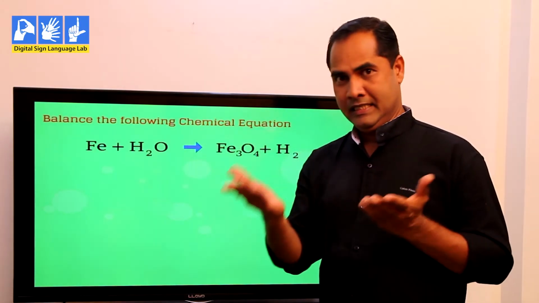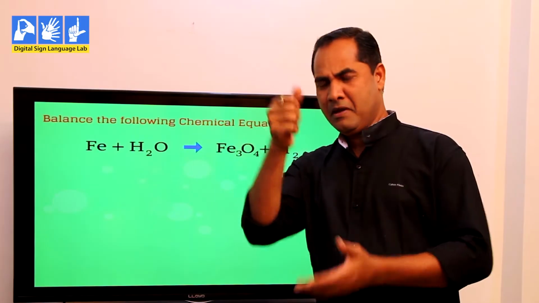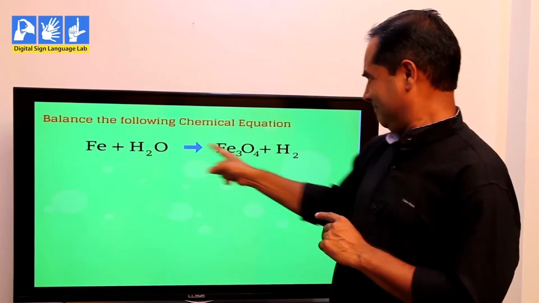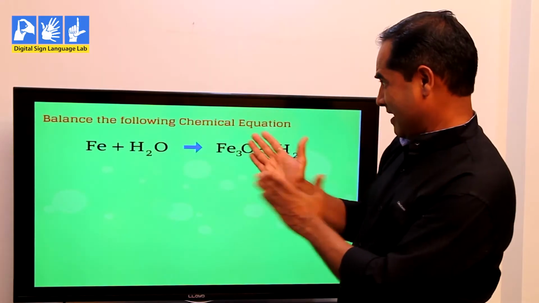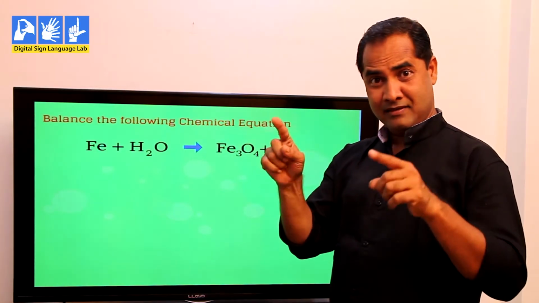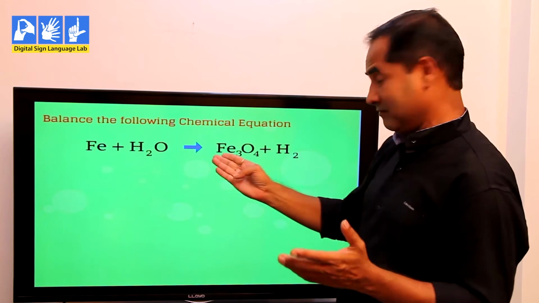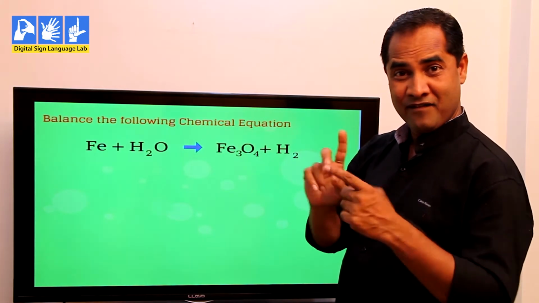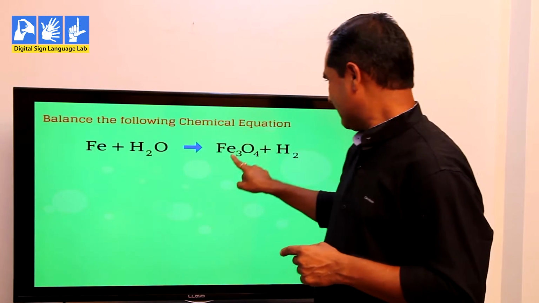I have already told you about the reactant and the product being balanced in a chemical equation. So we'll try to do that in this example. Let's see if it's already balanced or not. Fe, which is iron.